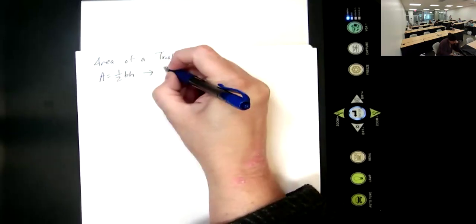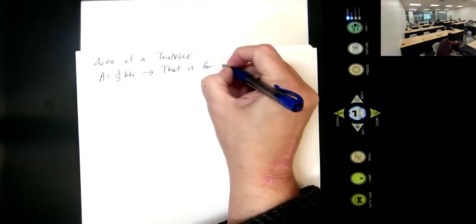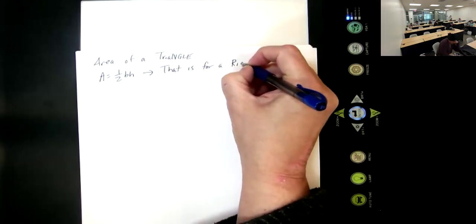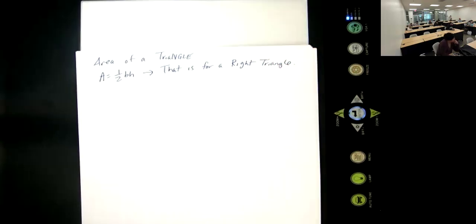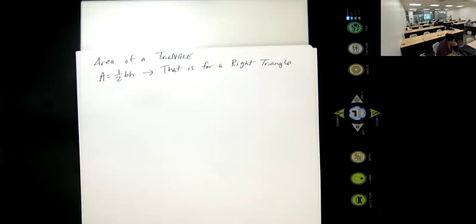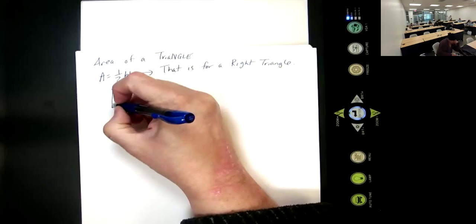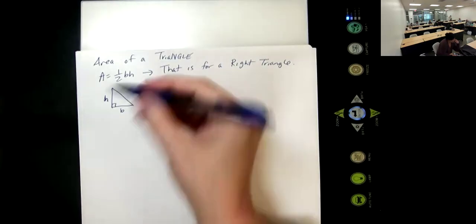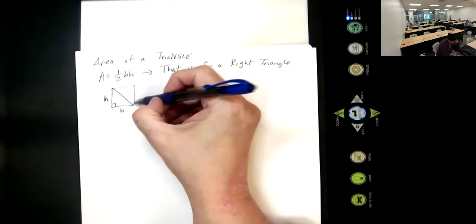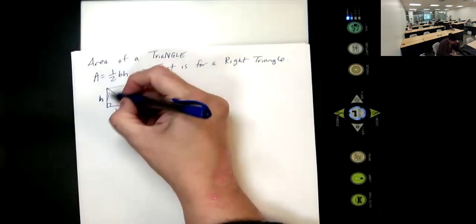But that is for a right triangle, right? That's when we have something like this. That's B, that's H. And you're basically doing half the area of a square or a rectangle.